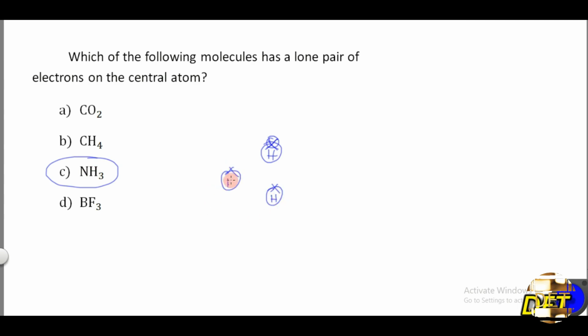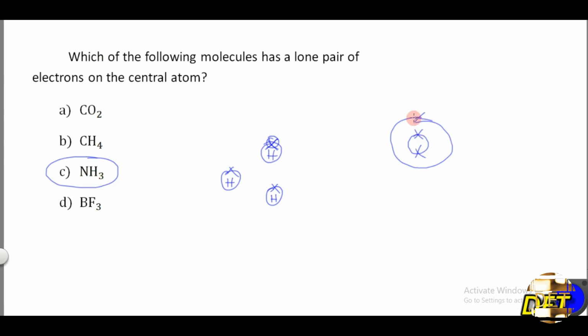So this is the electronic configuration of hydrogen, right? Then if we should draw the structure of ammonia, the innermost shell will take a maximum of 2 electrons, and the outermost shell will take a maximum of 8, but nitrogen is number 7 element, so it will contain 7 electrons, right?